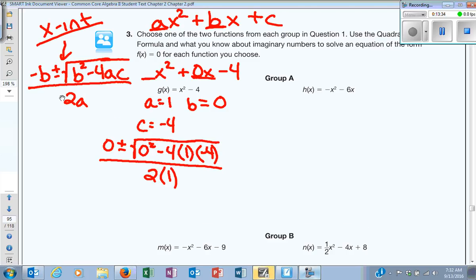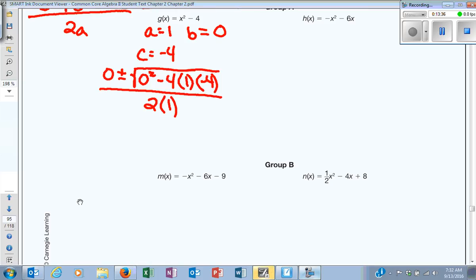So let's simplify this. Zero plus or minus the square root of 0 squared minus, what happens when you do -4 times 1? -4. -4 times a -4 is a positive 16.